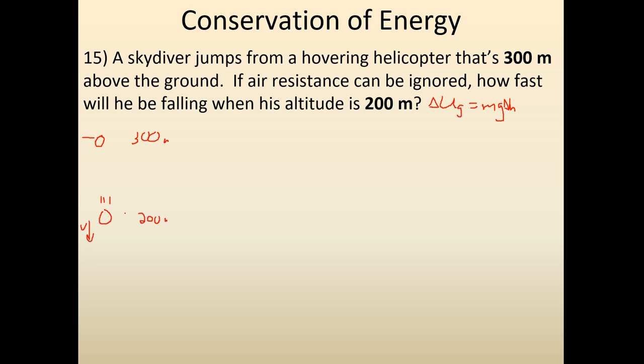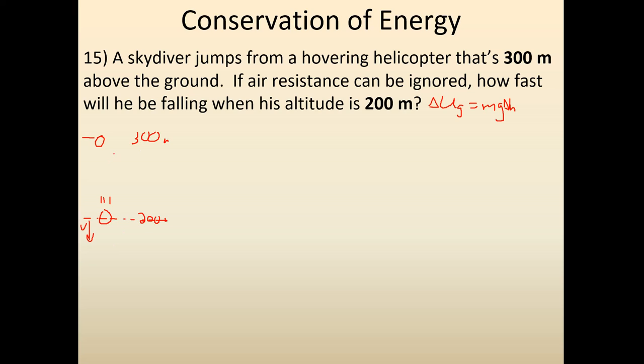Even though this object is still at some height and has a potential, I don't really care about that. I'm going to set this point as my zero point, where the object has zero potential, because that's what I care about as far as the scope of this problem. I just care about it going from here to this point. Even though it's going to fall later on another 200 meters, that's outside the scope of my problem.